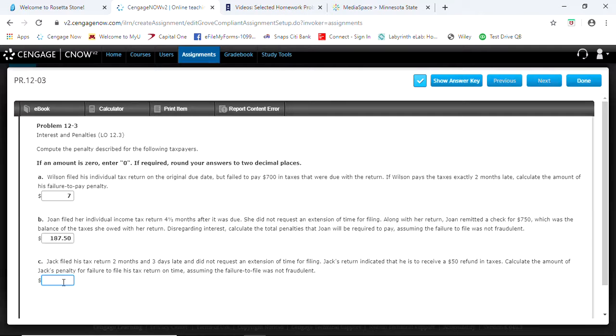So since Jack doesn't owe any money and the IRS actually owes him money, they say, that's cool. We're not going to give you any sort of penalties because we're actually the ones that owe you money. So whenever there's a refund due, the IRS is going to be cool about that because we owe you money anyway. Answer: 0.